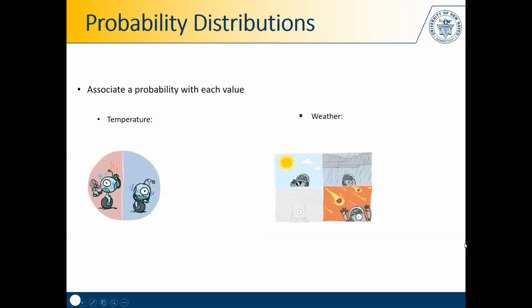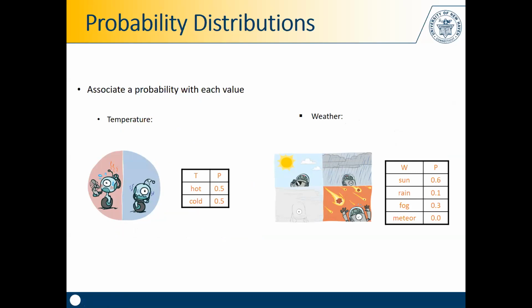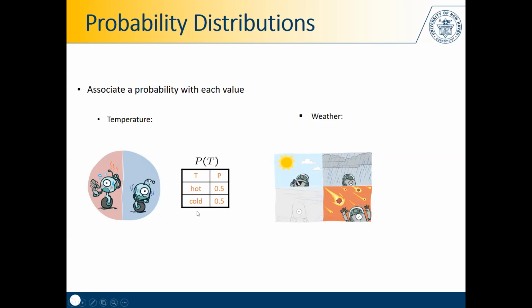Now, let's introduce another concept, and it's that of probability distributions. A probability distribution is essentially a mapping of each possible value in the domain to a probability of its occurrence. So for temperature, where we represented our uncertainty about temperature with the random variable t, the possible values are hot and cold, right?